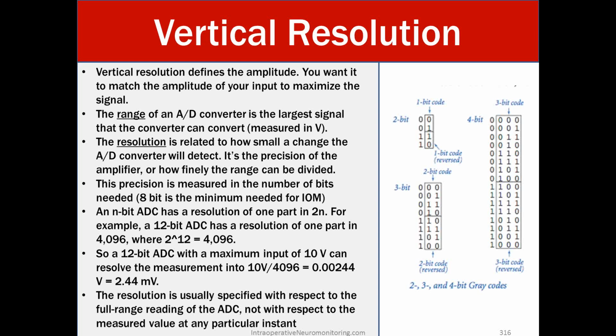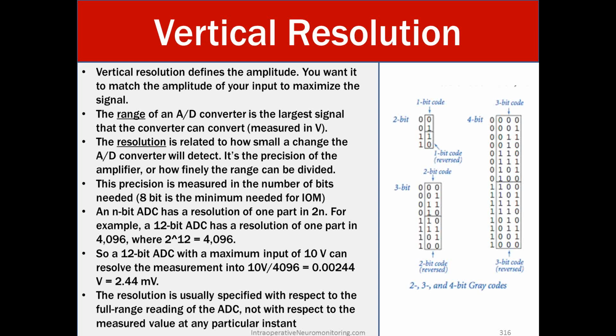An n-bit ADC has the resolution of 1 part in 2^n. For example, a 12-bit ADC has a resolution of 1 part in 4096, where 2 to the 12th power is 4096.